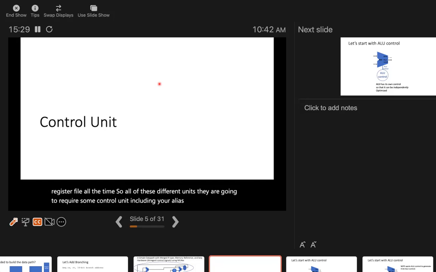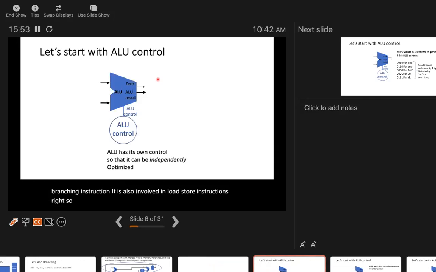Your ALU also needs some control. Why? Because it can perform addition, subtraction, and instructions like set if less than, and a variety of other instructions. Your ALU is involved in R-type instructions, branching instructions, and also load store instructions, right? So the ALU also needs some control.